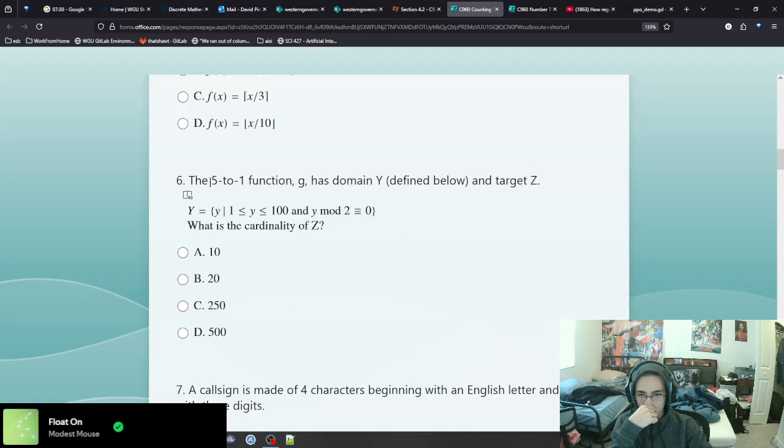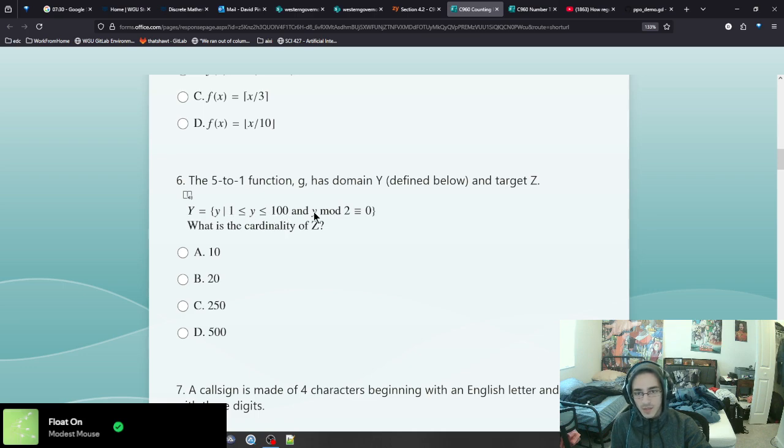Isn't it the cardinality of y divided by 5, right? Okay. What is the cardinality of y? Okay. So it says it's in between 1 and 100. So that is 100 right there. 100 integers.